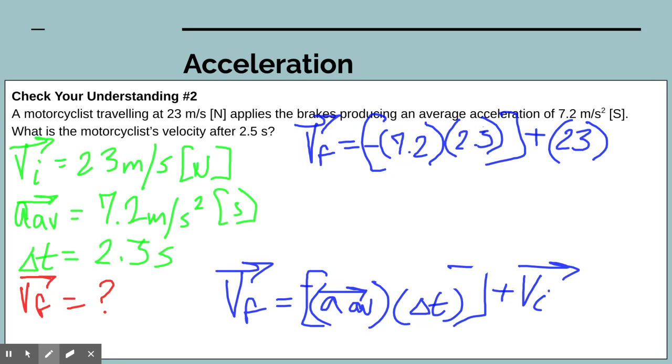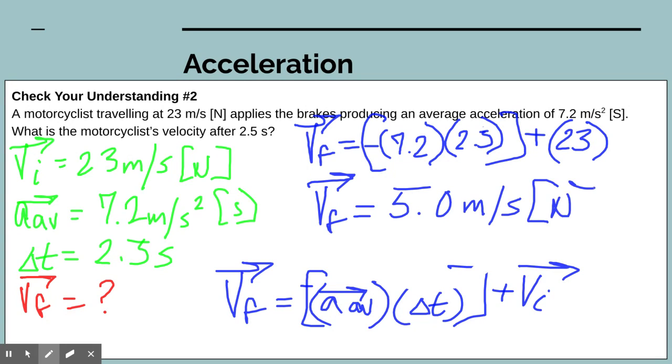If our positive direction is north, south is negative, and this acceleration is in the south direction, so our 7.2 will be negative. So it will be negative 7.2 times our 2.5, and then plus the 23. And what you should get for your final velocity is a positive 5.0 meters per second to the north.